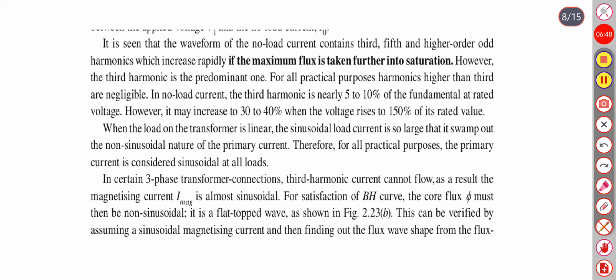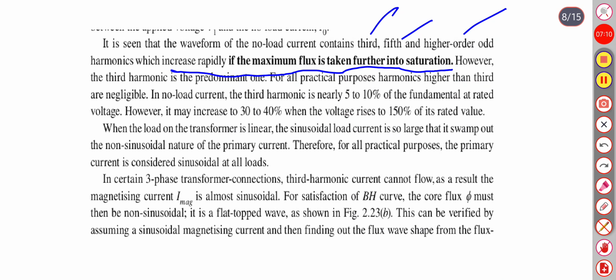It is seen that the waveform of no load current contains third, fifth and higher order odd harmonics, which increase rapidly if the maximum flux is taken further into saturation. However, the third harmonic is the predominant one.